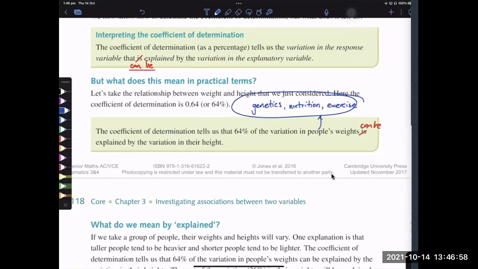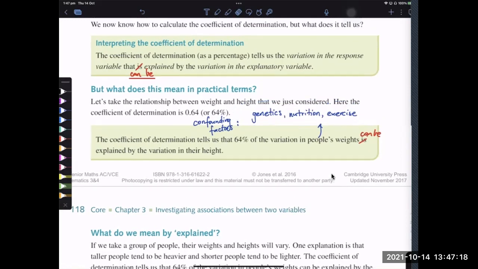Okay. There are other things. And what we call these are confounding factors. So there are other things that might explain the variation. Okay. We're still talking about weight here, yeah? So these are the other percentages.